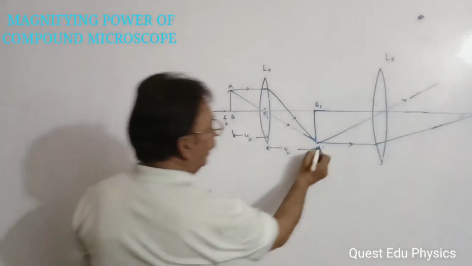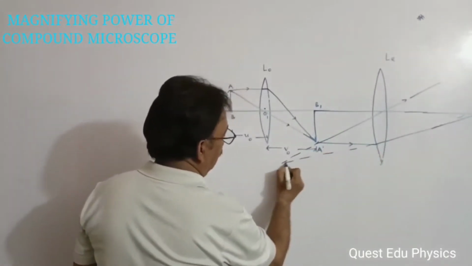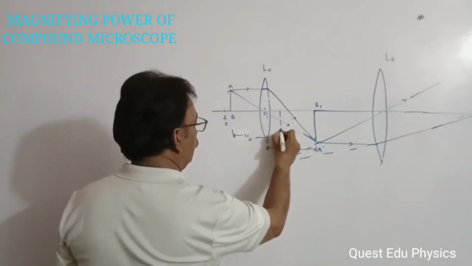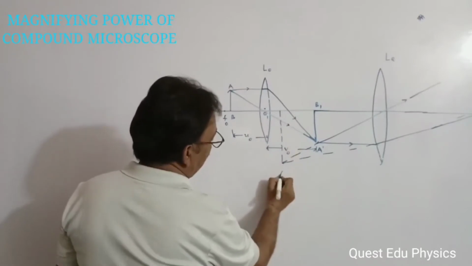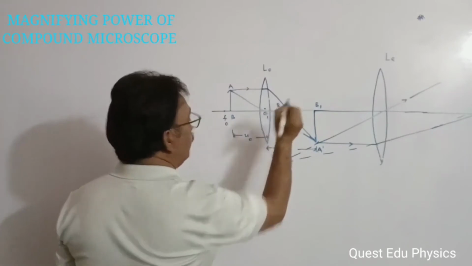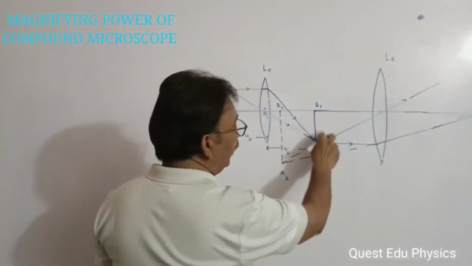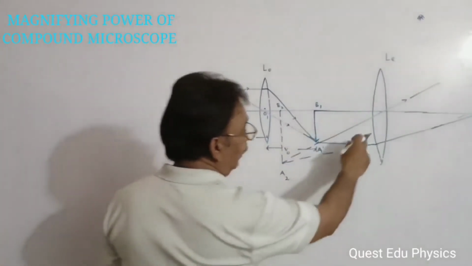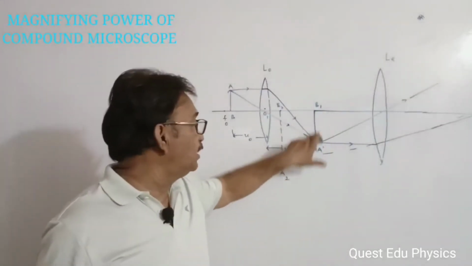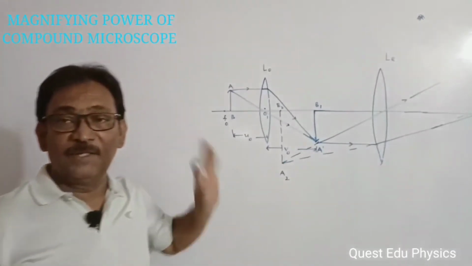If you produce them back, they meet at a particular point, and there we get an image here. Say this image is A2, B2. What happened here? This A1, B1 acted like the object for the second lens, and this object is taken by the eye lens and it forms the image here.